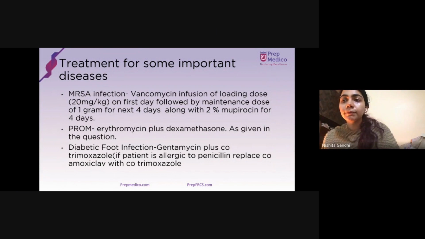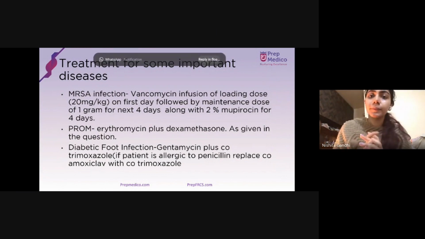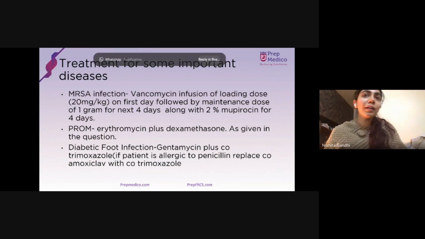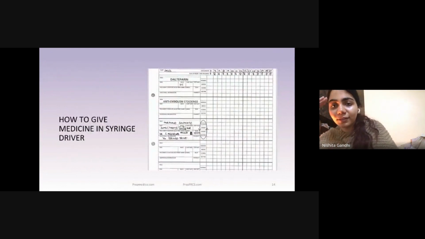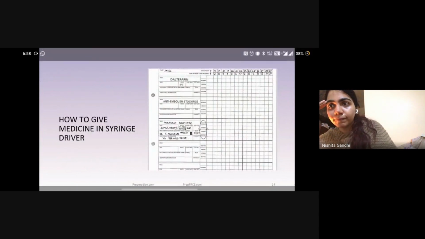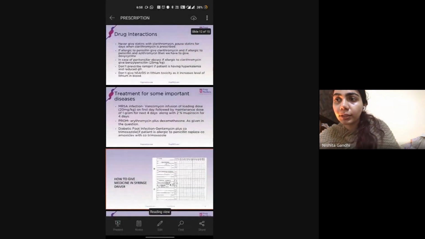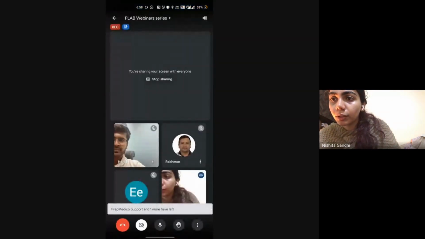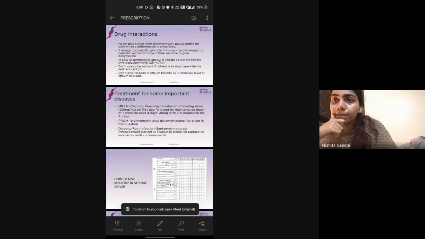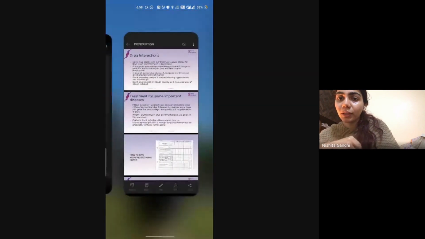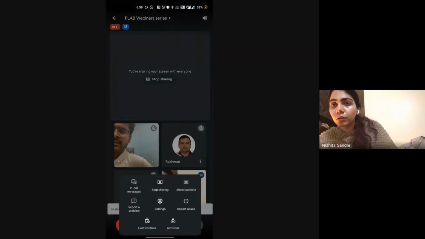Hello, am I audible? Yeah, we can. I'm really sorry. Actually, my laptop got hanged. I don't know what happened. I was trying to share the screen. Can you please continue? Can you see the screen? No, I can't see your screen. Just a second. Can you see now? Harish, can you see the screen?